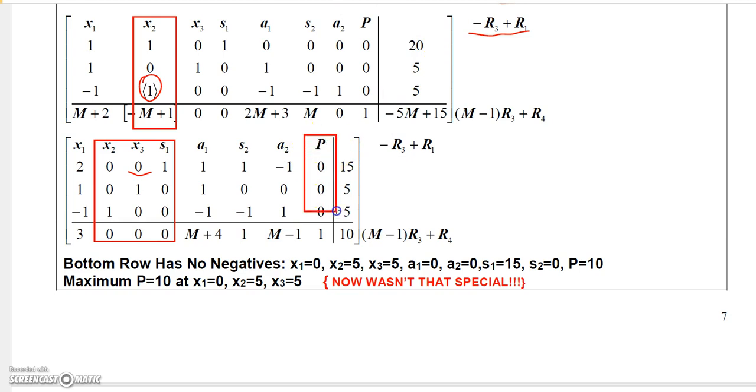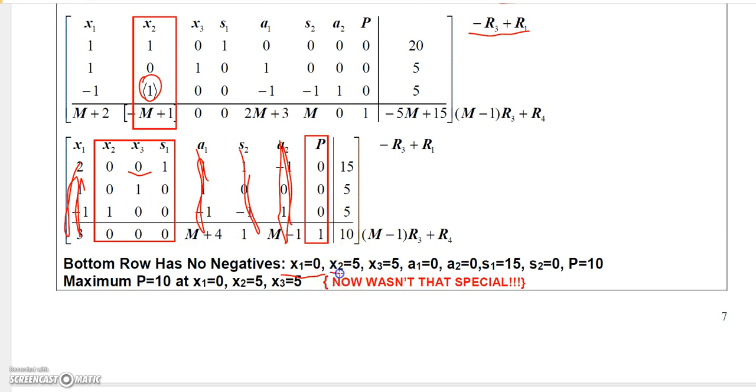The only other basic variable I have is the p. And you know what I'm looking for? I'm looking for the columns that have the zeros and the 1. So these others are non-basic. So that means this is a non-basic variable, and these are non-basic. So now we know x1 is 0 since it's non-basic, so we can go ahead and write that down. And then from this column, the 1 is in the third row, so that tells us x2 is 5.